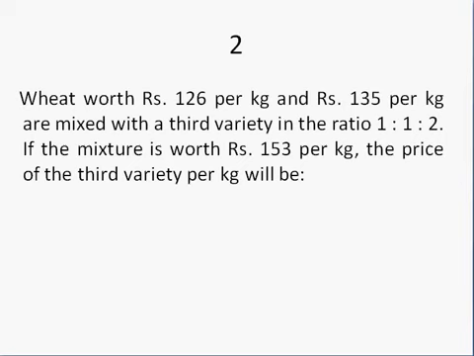So if we have the first variety and the second variety in equal amounts, the ratio will be satisfied, right? So we can convert the first two varieties into a single variety by just taking the average of these two.